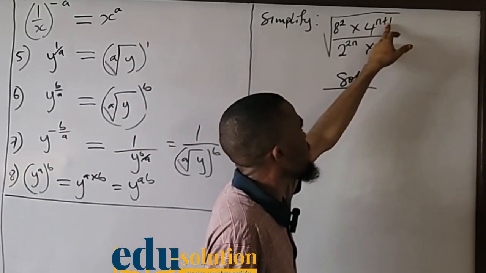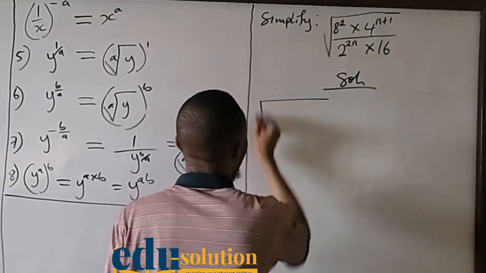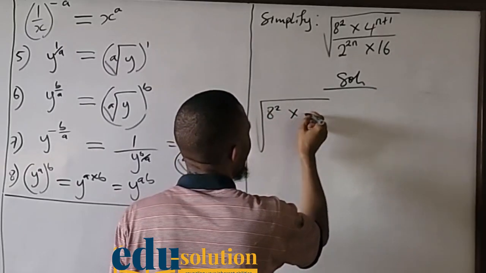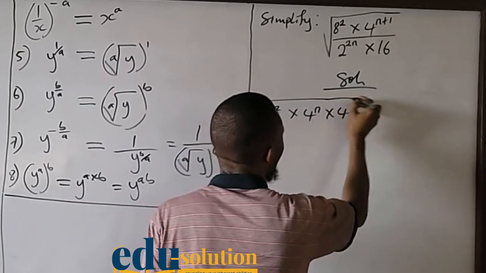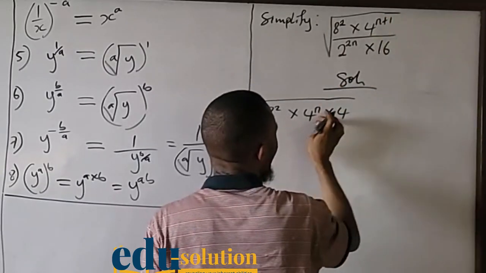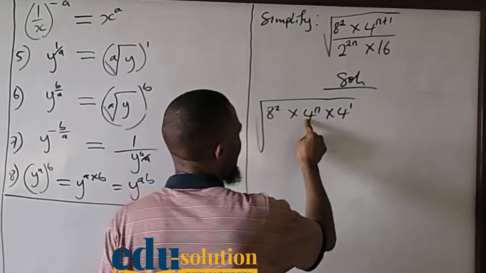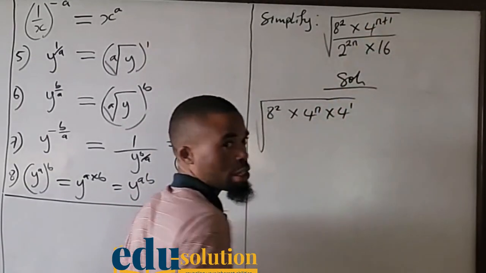So that means if we want to simplify this, it's not going to be in this form. We are going to have 8 squared times 4 raised to the power of n times 4 raised to the power of 1, because this 4 raised to the power n is for the first one, and this is 4, this is 4. If we pick one of them and add the power, we return to this expression again.